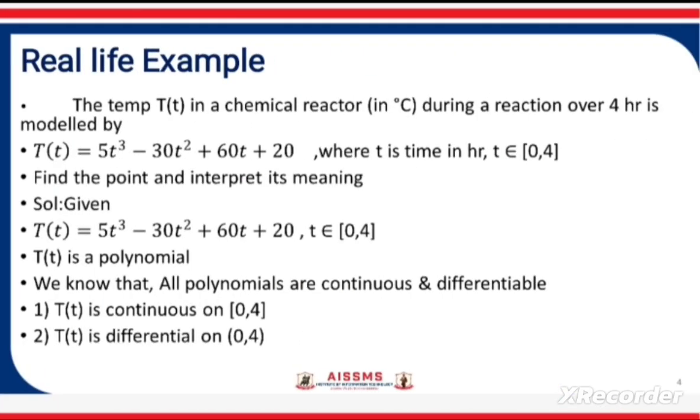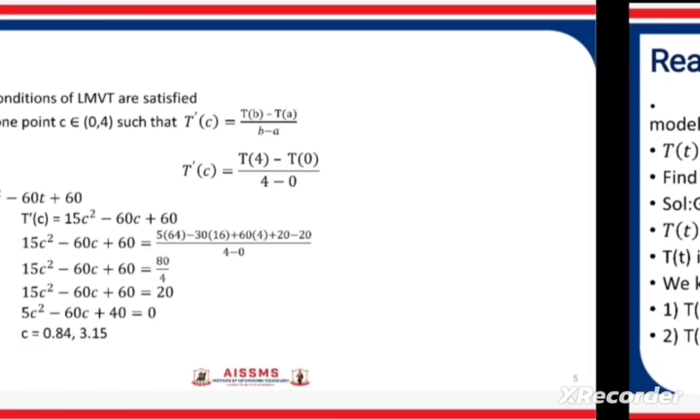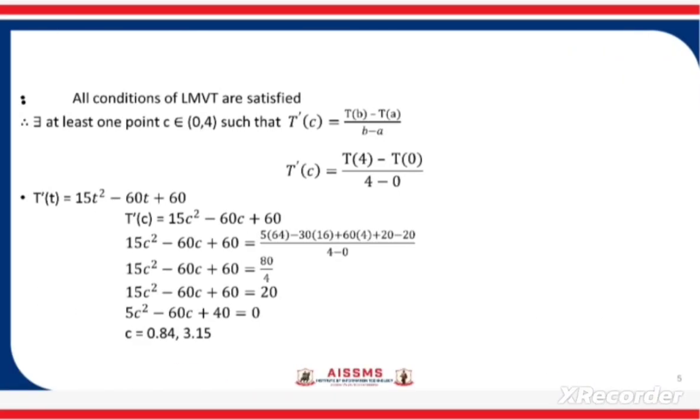See here, if we put t is equal to 0, then first three terms become 0. We get only 20, so value of T of 0 is 20, divided by 4 minus 0. Now we simplify the RHS. In numerator, if we simplify the above values, we get 80 divided by 4. So 80 divided by 4 is 20.